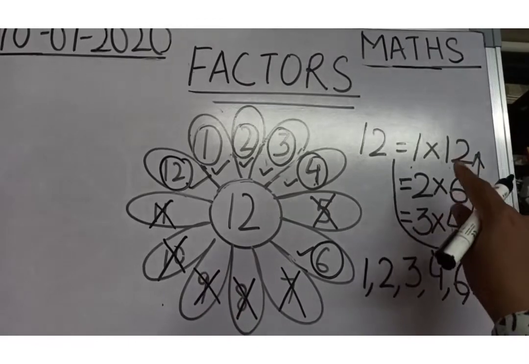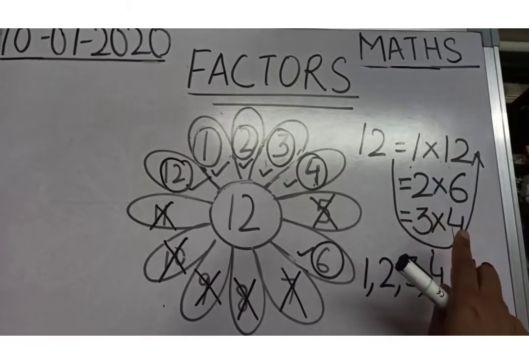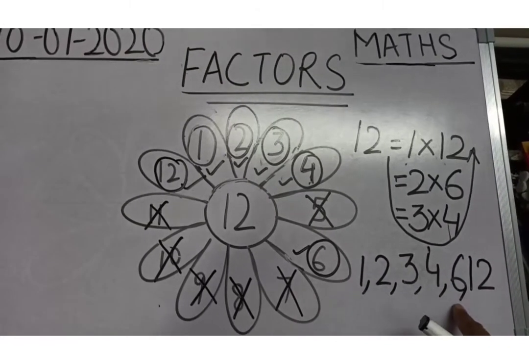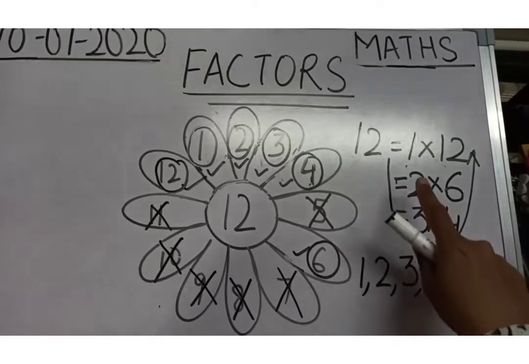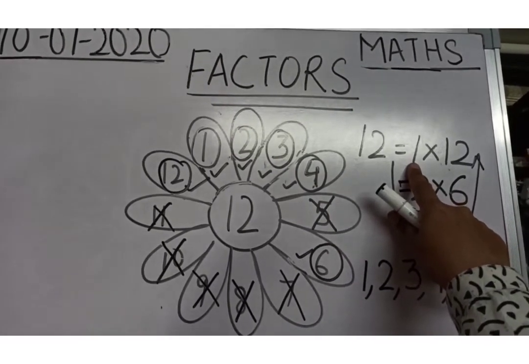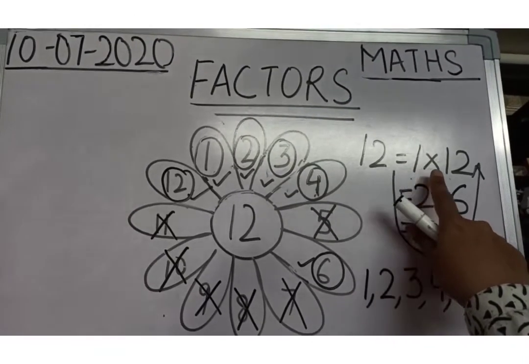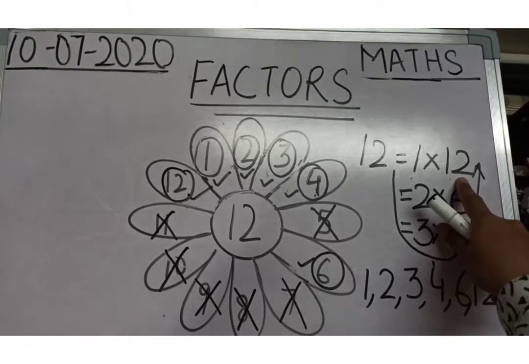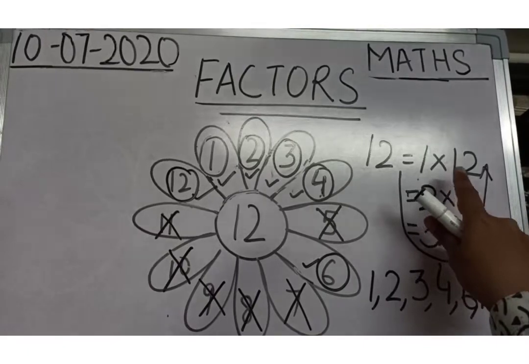So we get 6 such tables, and we arrange the numbers in pairs and write those 6 numbers as the factors of number 12. Second thing, 1 is the smallest factor and 1 is a factor of every number. And the third thing, every number is itself its greatest factor. Is it clear?